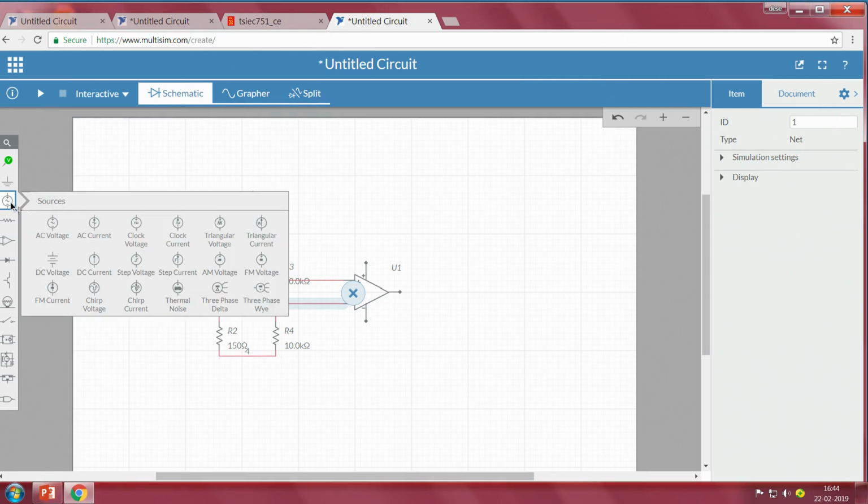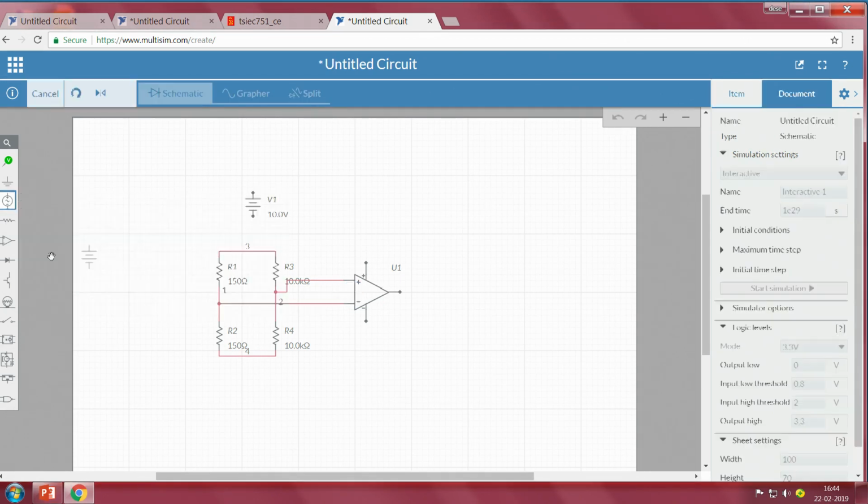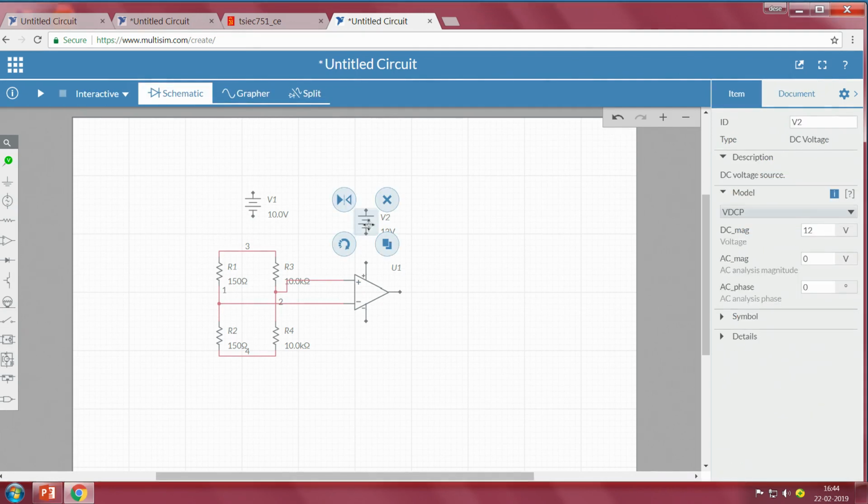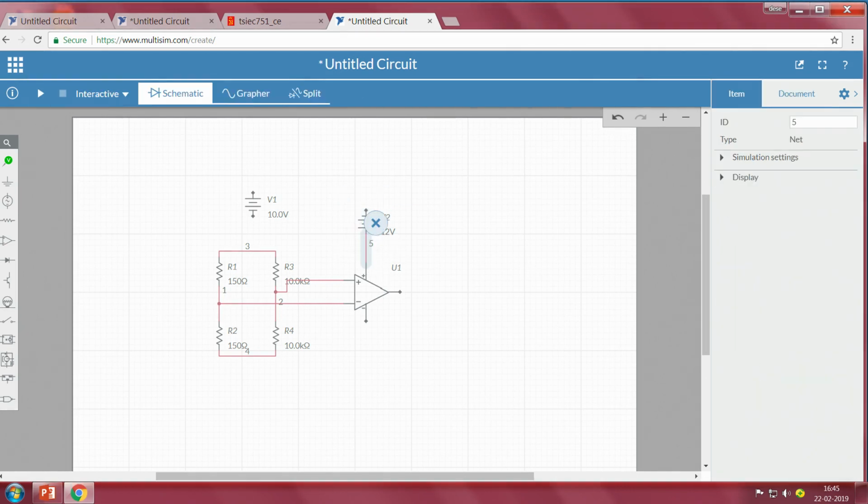As we can choose from the source, let's choose a voltage source here, and since I need the positive terminal, what I do here is rotate and then establish a connection between the positive terminal and the source.